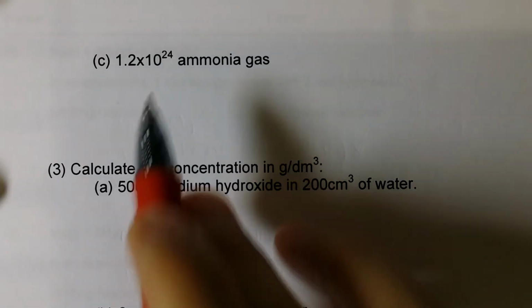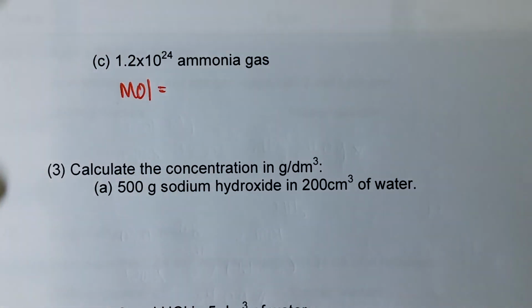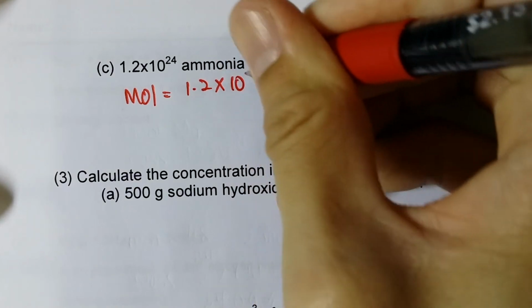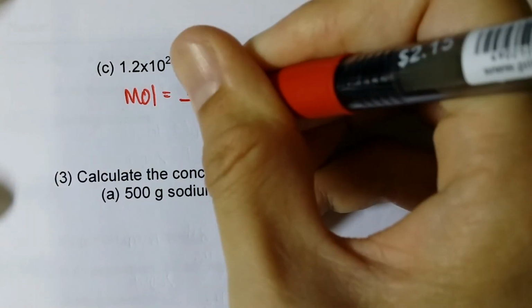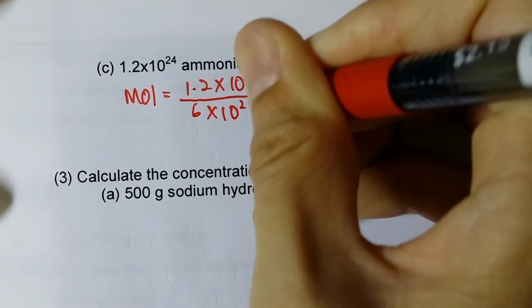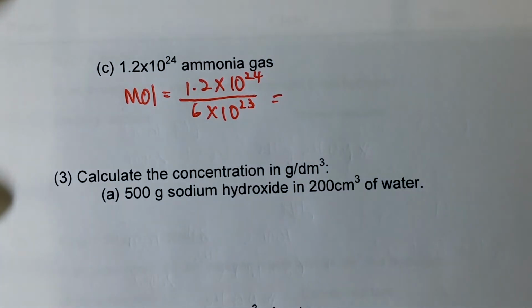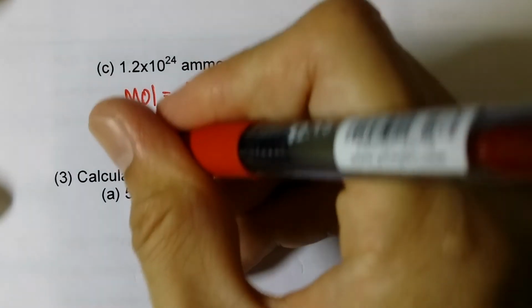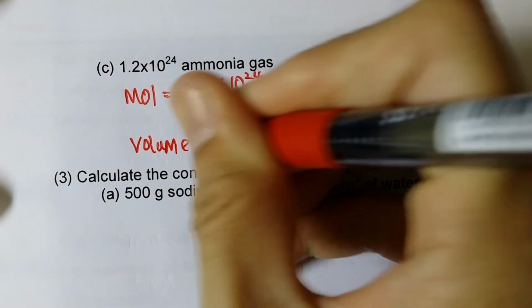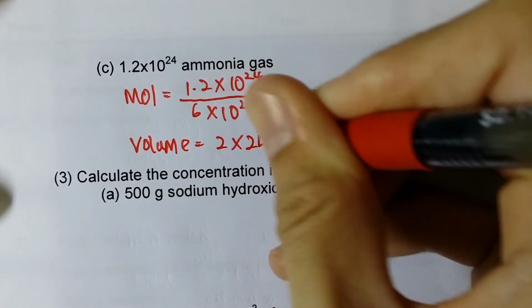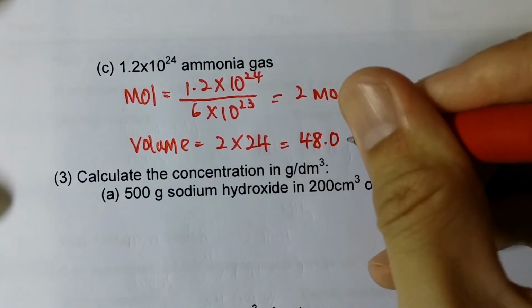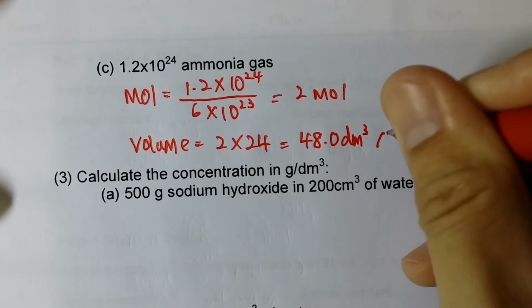So if we are given this many, the number of mole would be 1.2 times 10 to the power 24 divided by 6 times 10 to the power 23, and that would give you 2 mole. And likewise for the volume, 2 mole, 2 times 24, that would give you 48.0 dm³.